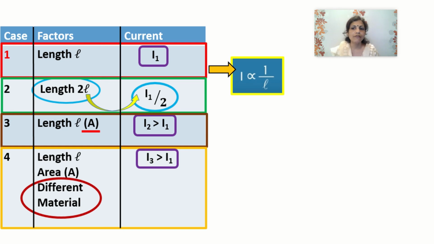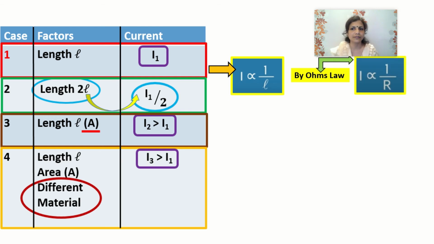And from Ohm's law we have studied that the current is inversely proportional to the resistance of the conductor. Ohm's law is V is equal to IR. So current is inversely proportional to the resistance of the conductor.